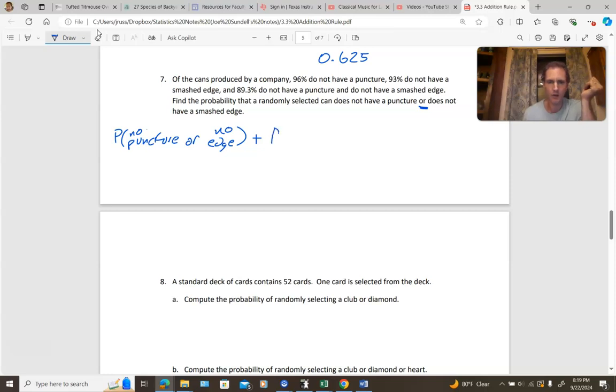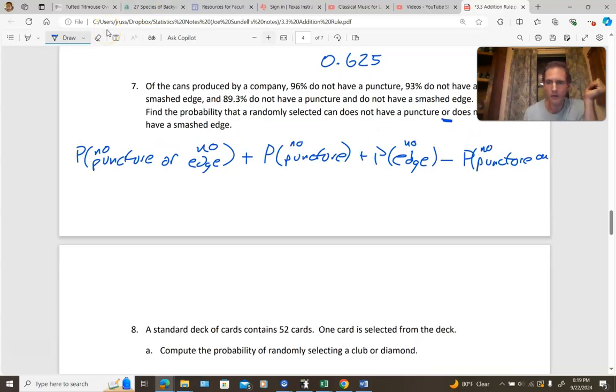So this would be the probability that a randomly selected can has no puncture, plus the probability that it doesn't have a smashed edge, minus the probability that it doesn't have a puncture and no smashed edge.